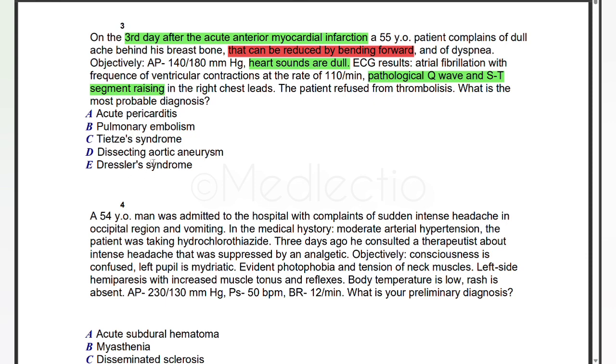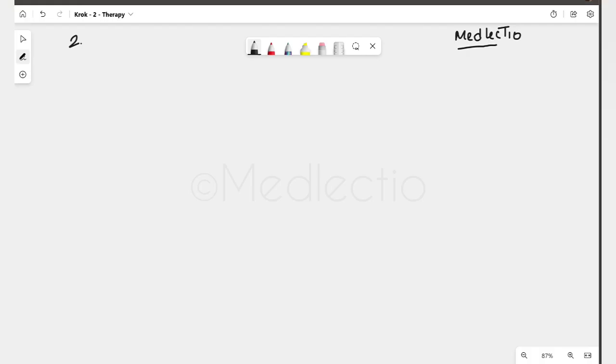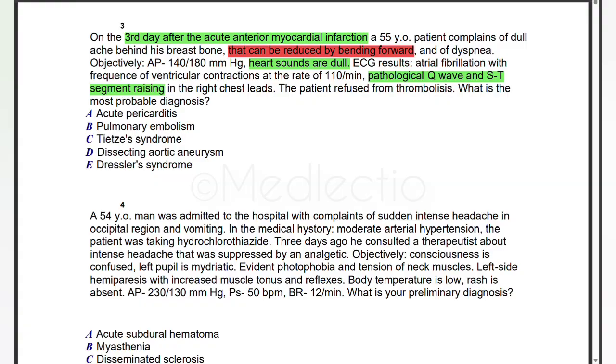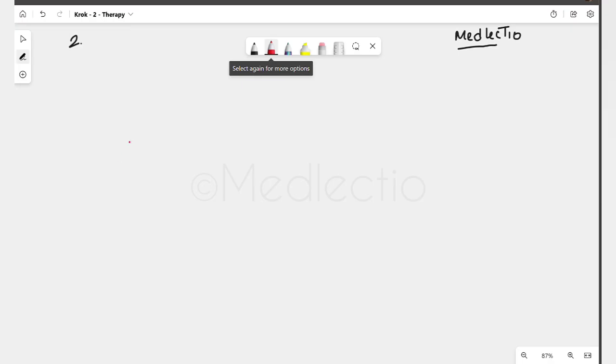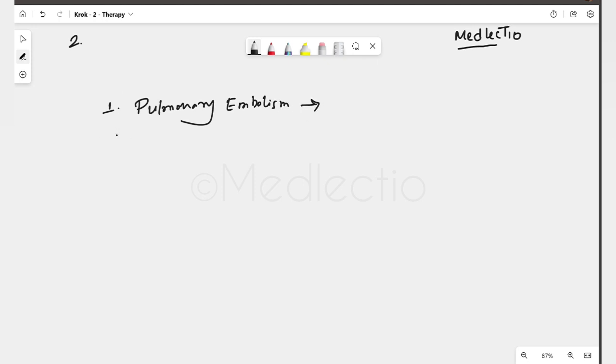If you don't know anything about it, we need to first exclude the options, right? So let's list them.